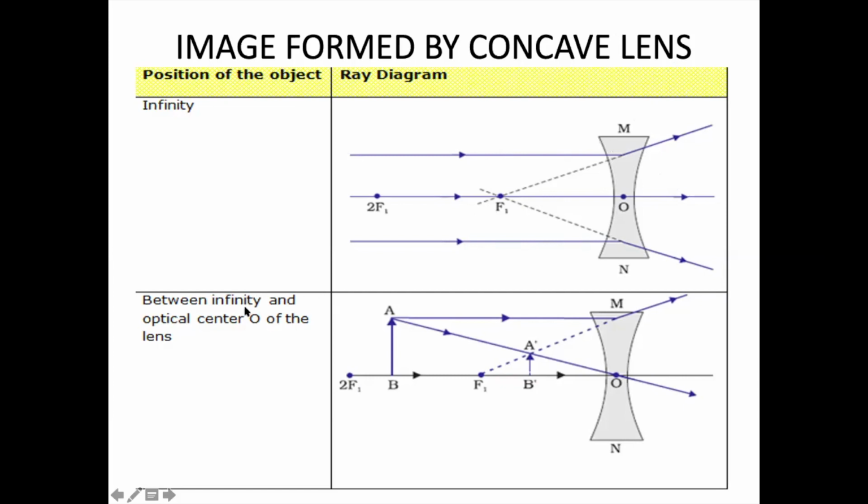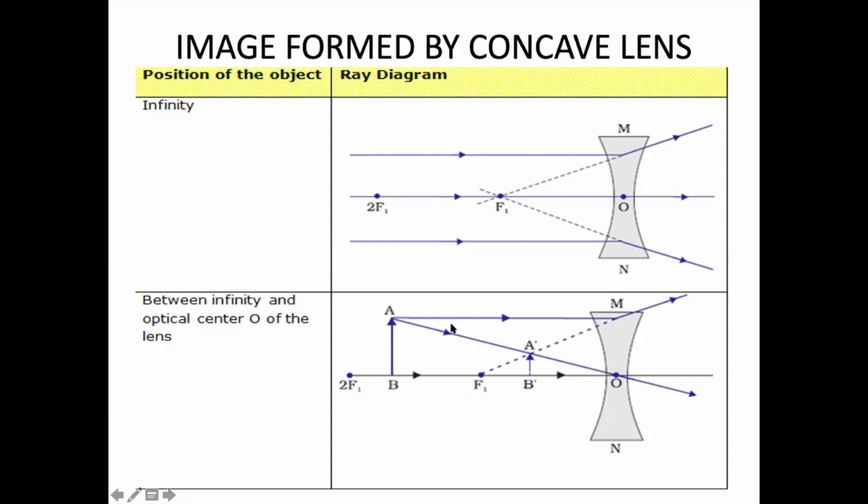When the object is anywhere between infinity and the optical center, let it be here. One of the rays goes parallel to the principal axis. It diverges; let it come back and appear to pass through the focus. Another ray of light is passing through the optical center. Here they meet. The image formed is erect and always small.